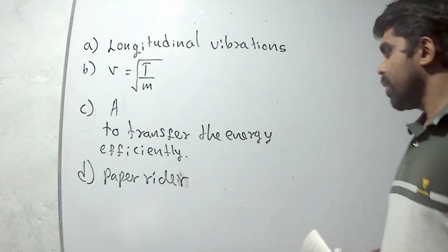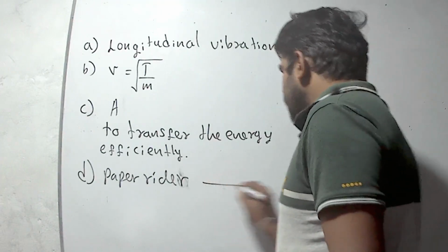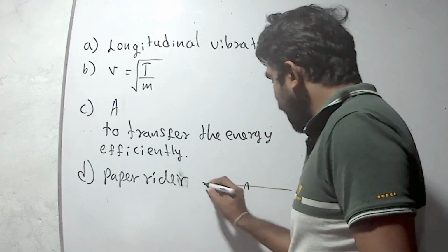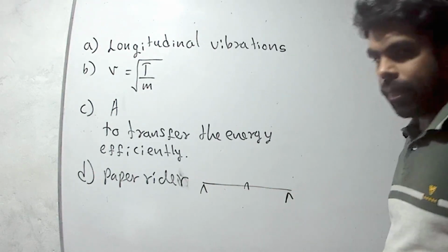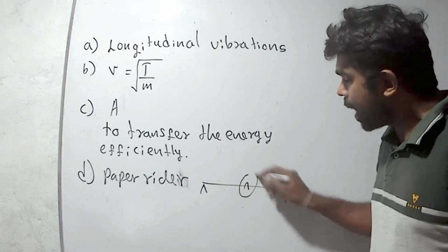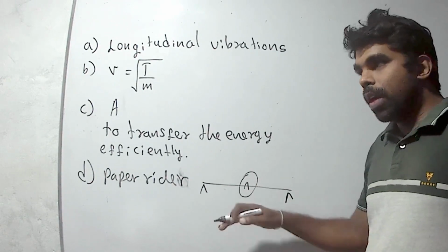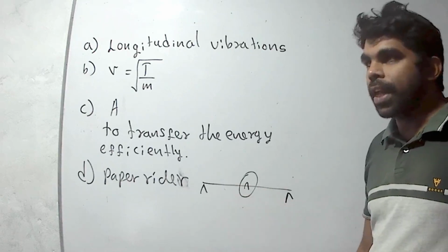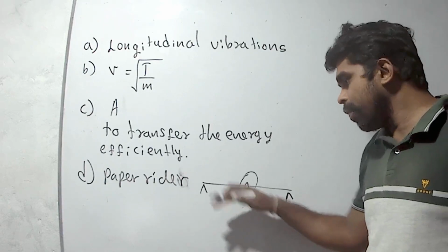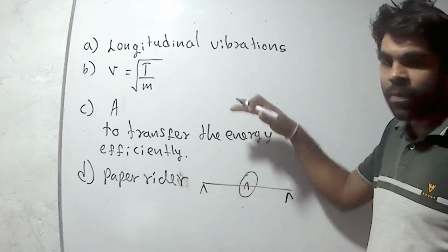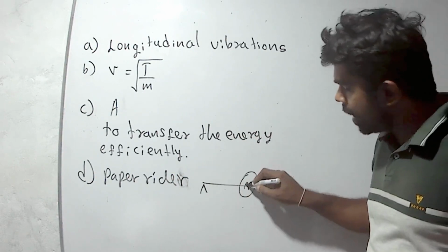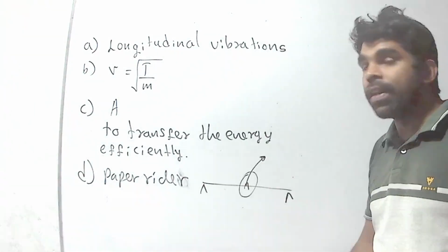We have to place the paper rider on the sonometer wire, and we can use it to identify the resonance state because the wire is vibrating with maximum amplitude. This paper rider moves away.